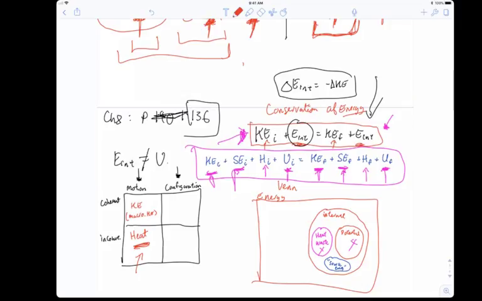Configuration energies, same thing. There's coherent configuration energy, which we call potential energy. And incoherent configuration energy, which is usually broken stuff. But also waves. What's my point?